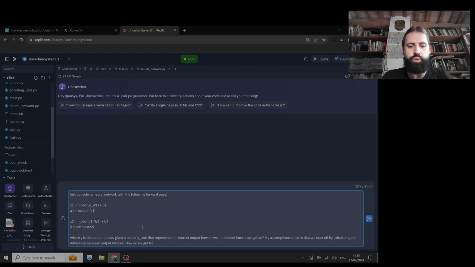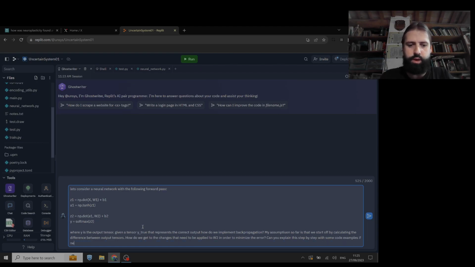How do we get to the changes that need to be applied to W2? The error. Explain these step by step with some examples if needed.